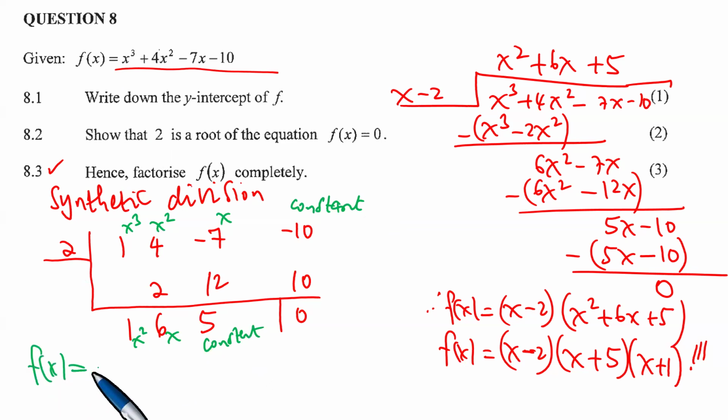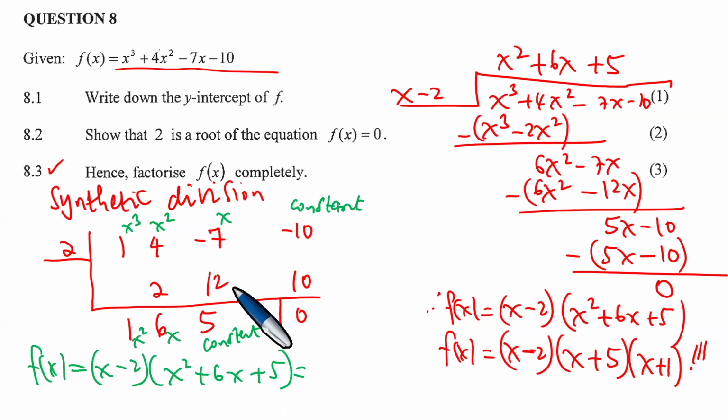So f of x equals x minus 2, and then we have x squared plus 6x plus 5. Upon careful examination, because now this is x squared plus 6x plus 5 from the synthetic division method, we're able to see that this is x minus 2 in parentheses, and then this is x plus 5, x plus 1.